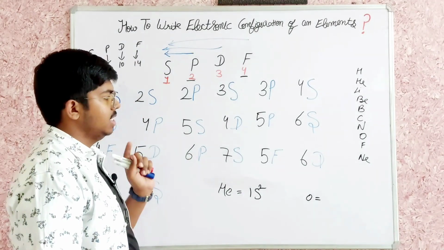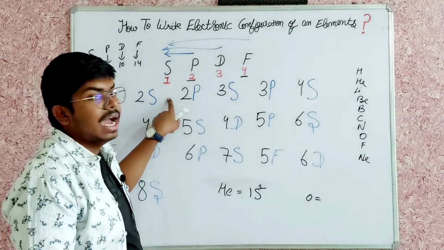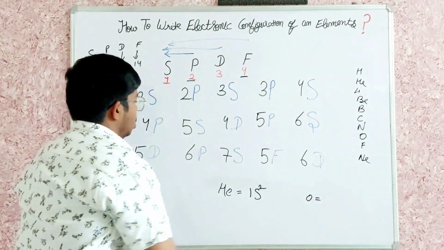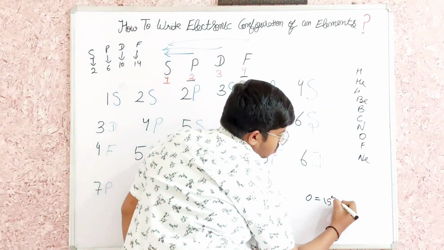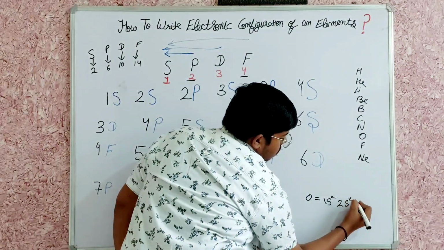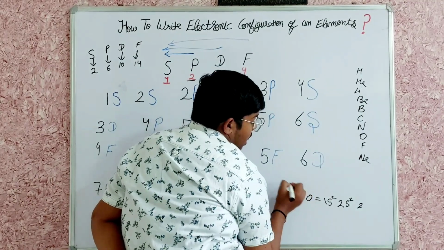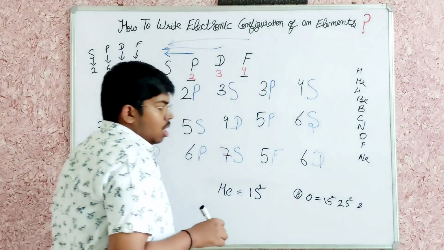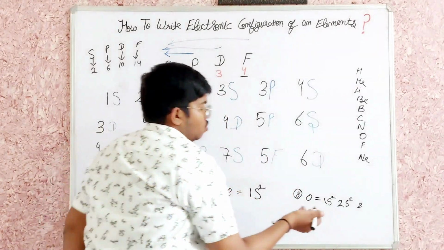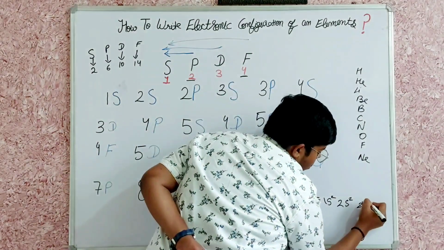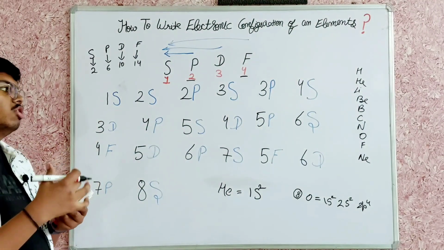The electronic configuration of oxygen is 1s2, 2s2 and 2p. Oxygen is at 8, so after 1s2 2s2, 4 are remaining, so 2p4. Clear? This way you can write electronic configuration.